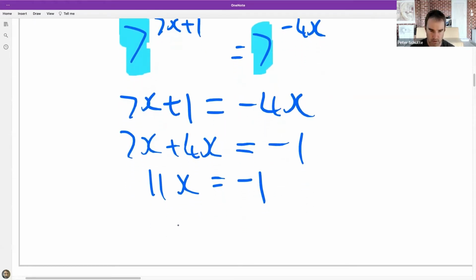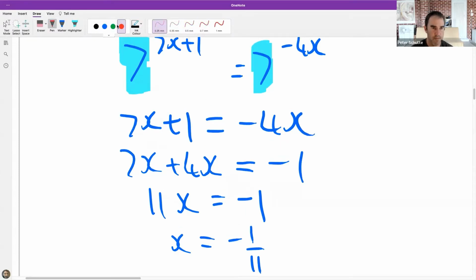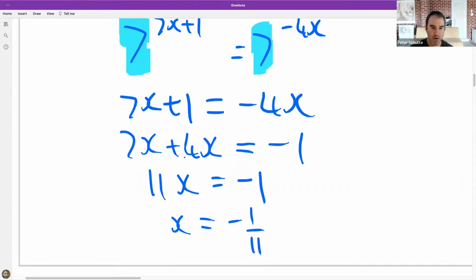So that would be the final answer. Now, just to show you what happened, because I've left some steps out here. I wanted to get rid of the 4x here. And so what I did was I just took away 4x from both sides. But then I also wanted to get rid of, sorry, I lie.